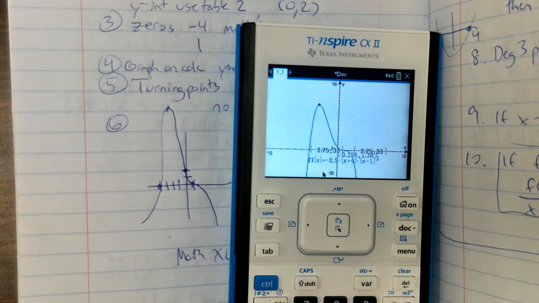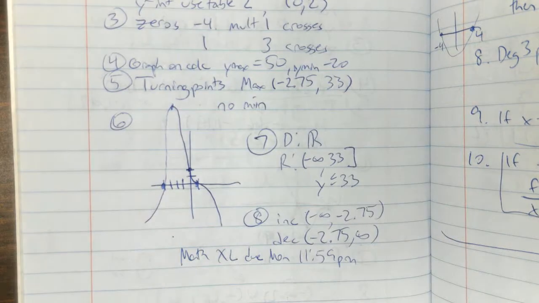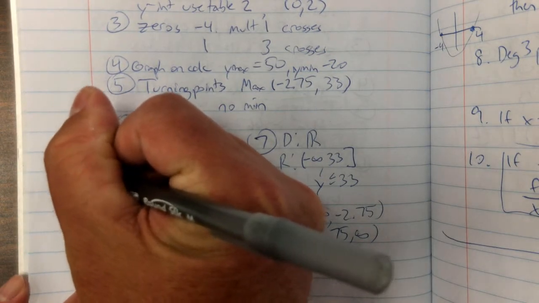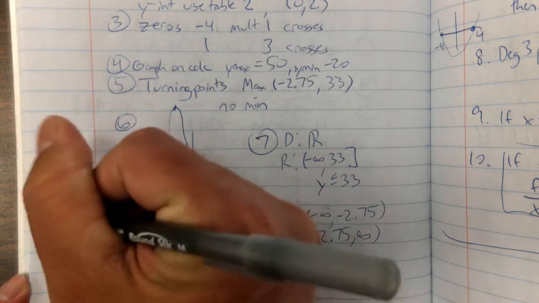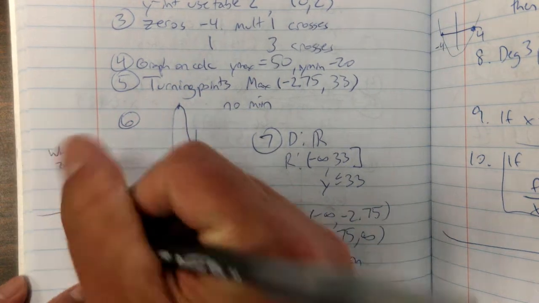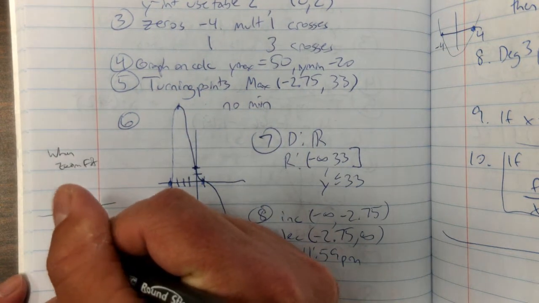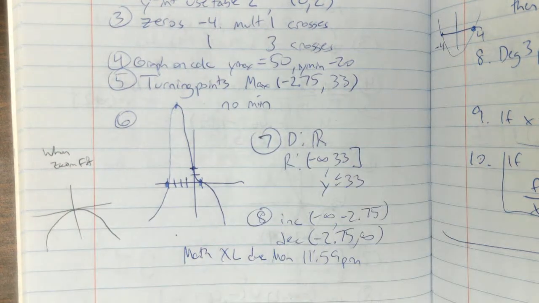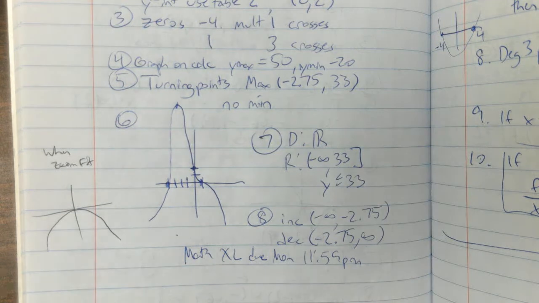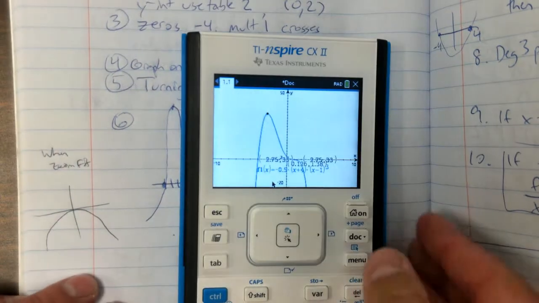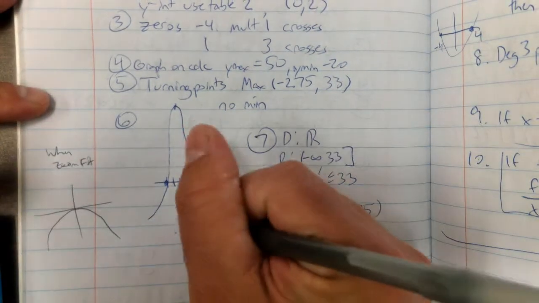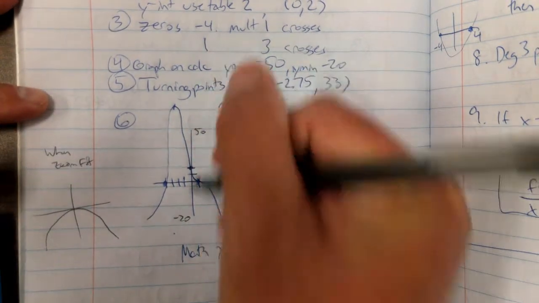But when we did zoom fit, it was just down. When it was zoom fit, it was more like just this. So just be aware of that because this was just from negative 20 to 50.